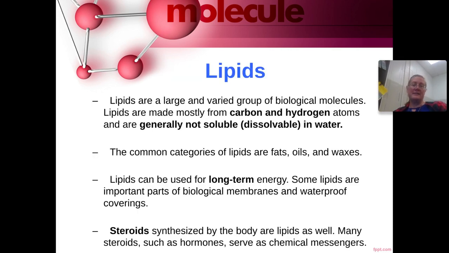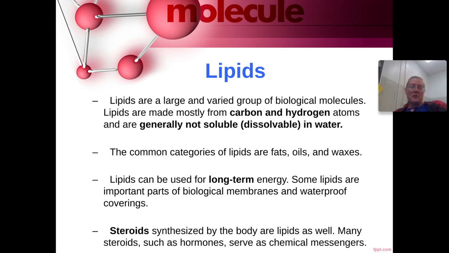Lipids. Lipids are a large group of biomolecules made mostly of carbon and hydrogen, and in general are not soluble in water. You know lipids as fats, oils, and waxes. They are long term energy use in biological speaking. We also like to use them to waterproof things, and they are also part of our cell membranes.